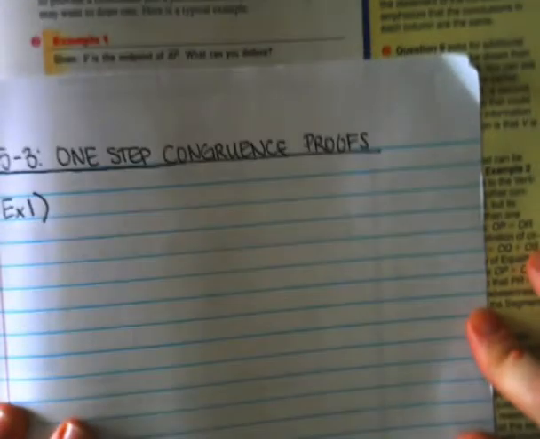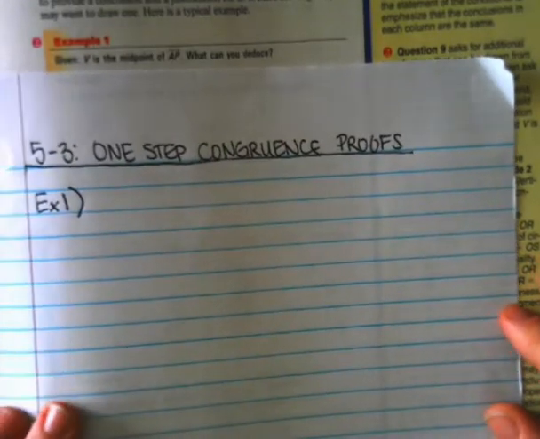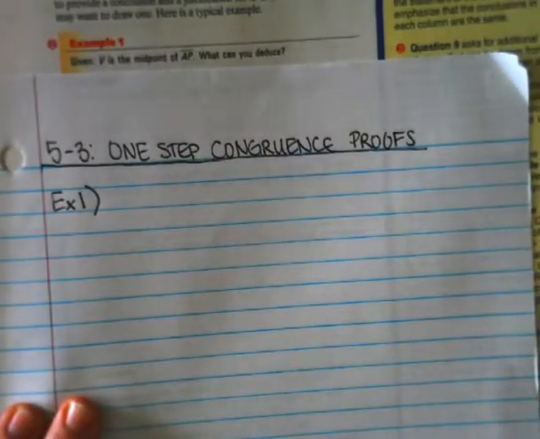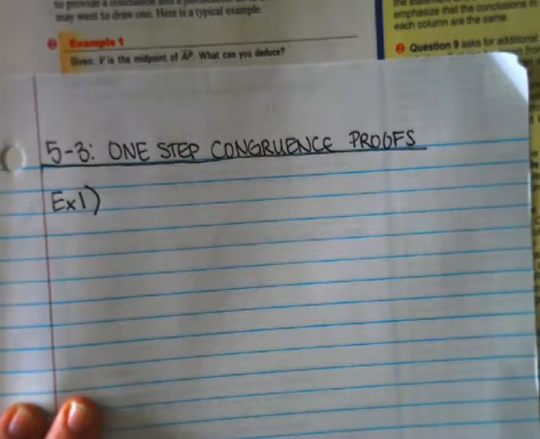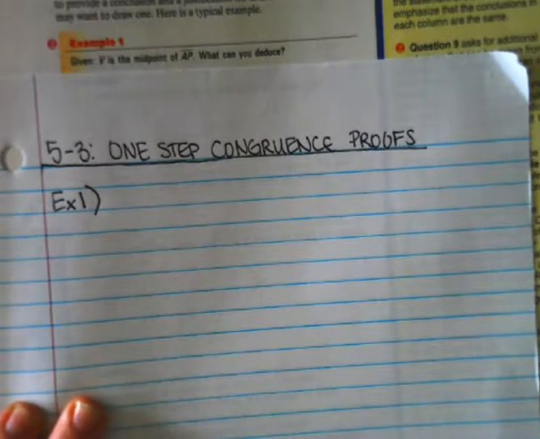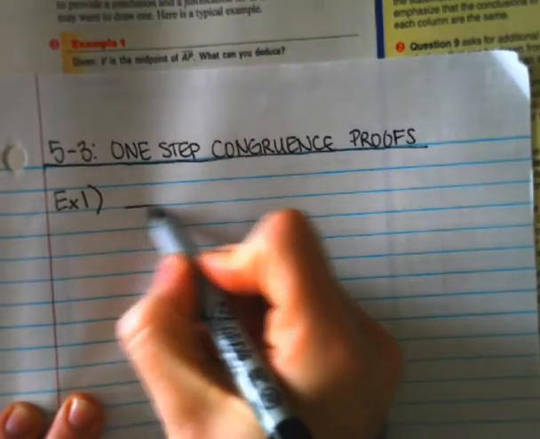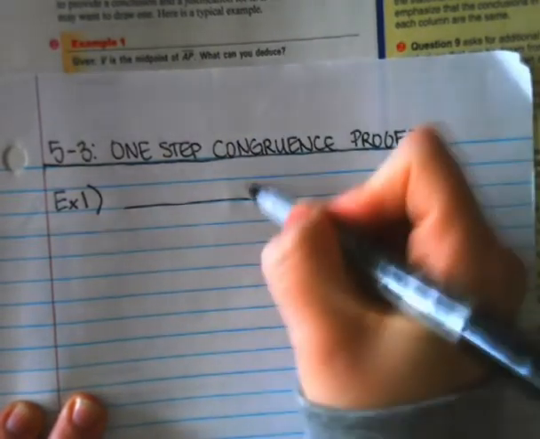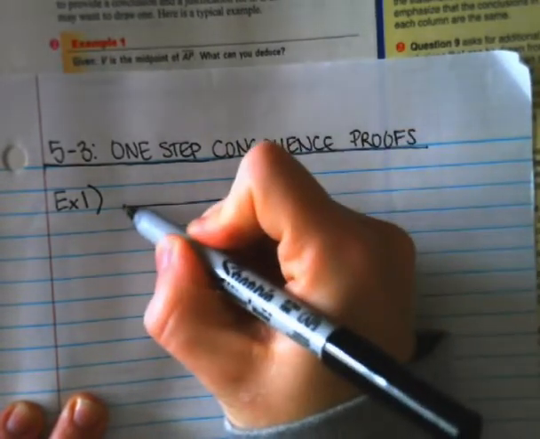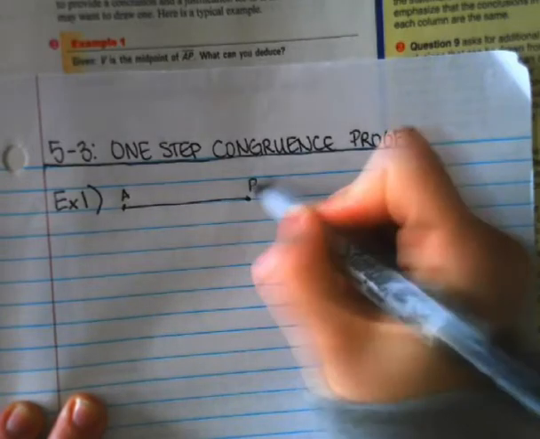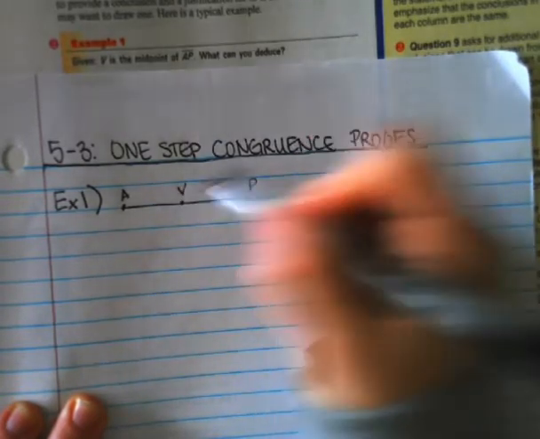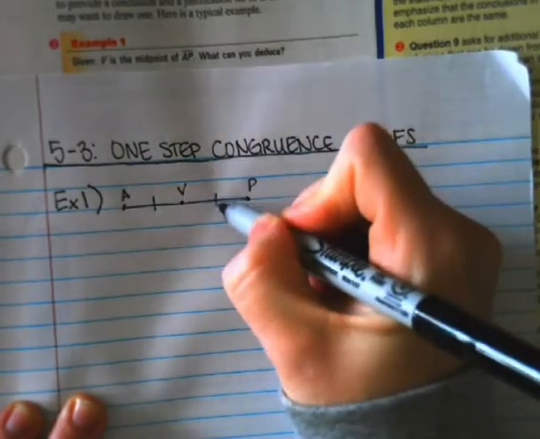In your book. Alright, so example 1 says, given that V is the midpoint of AP, what can you deduce? So I'm just going to draw this. Midpoint, so I'm going to put these congruency marks in there.